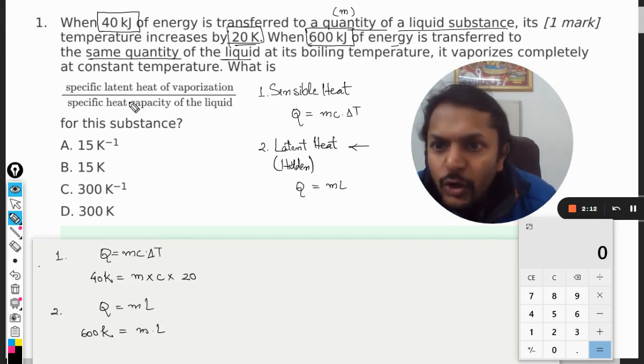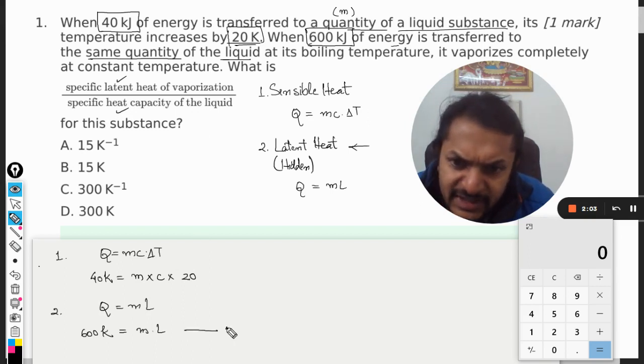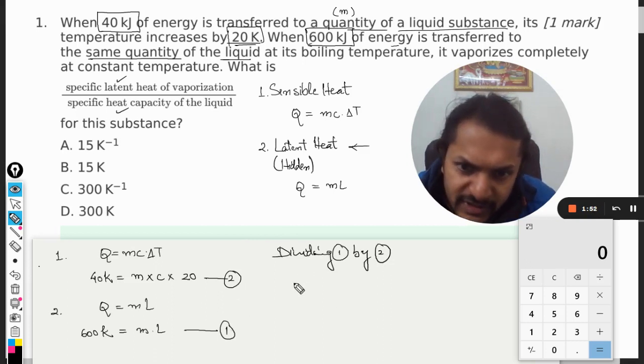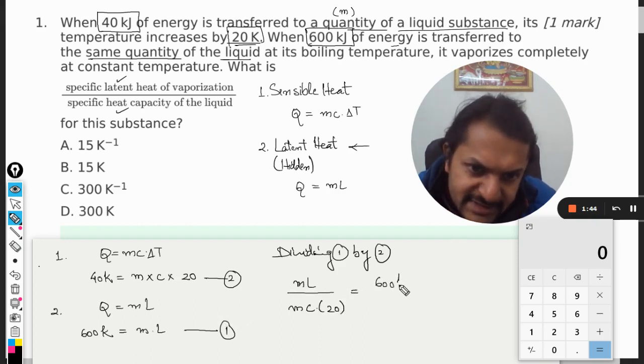So now what we want is the ratio of latent heat to the heat capacity of the liquid. So we will divide this. This will be taken as equation number one, and this will be equation number two. Dividing the second equation by the first, what we get is m into L divided by mc delta T is equal to 600K divided by 40K.